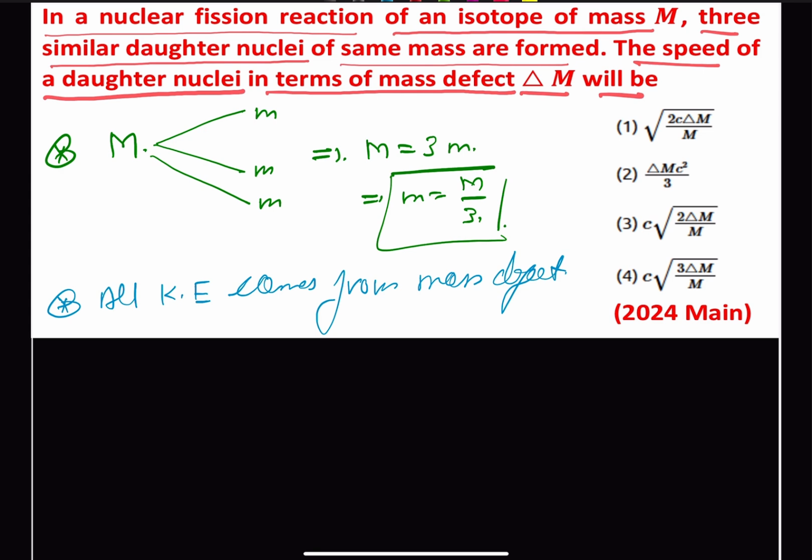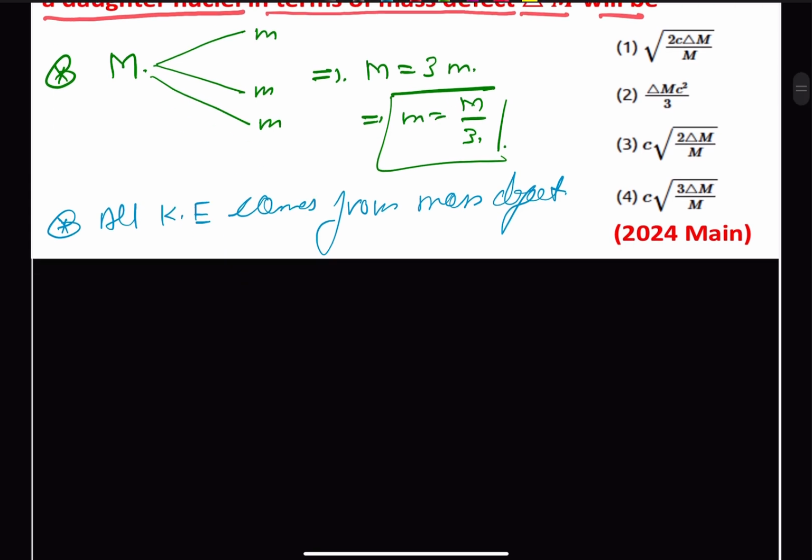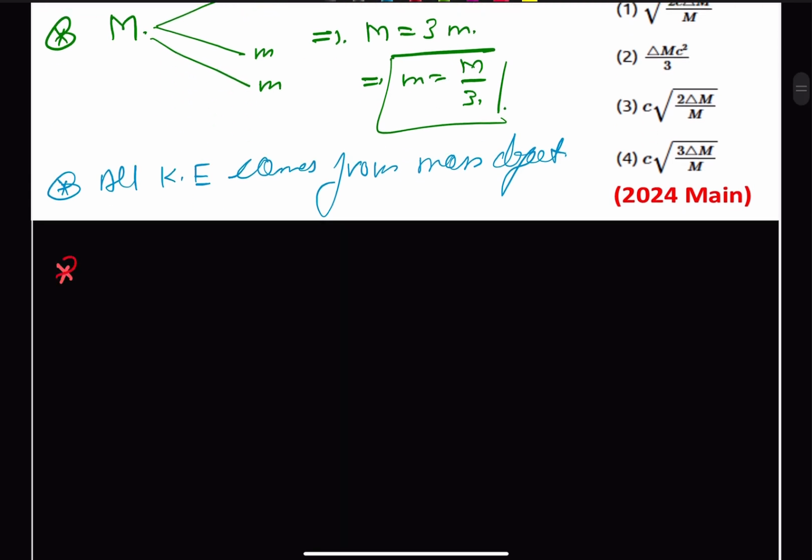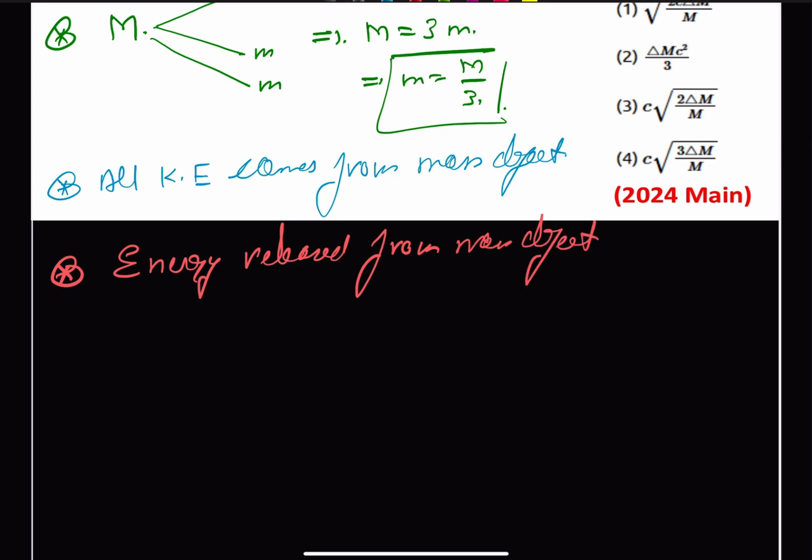So the energy released from the mass defect, suppose that is given as E, will be equal to delta m times c square.